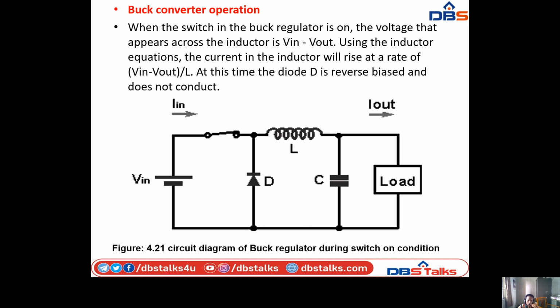Using the inductor equation, the current in the inductor rises at a rate of (Vin minus Vout) by L. At this time, the diode D is reverse biased and does not conduct.